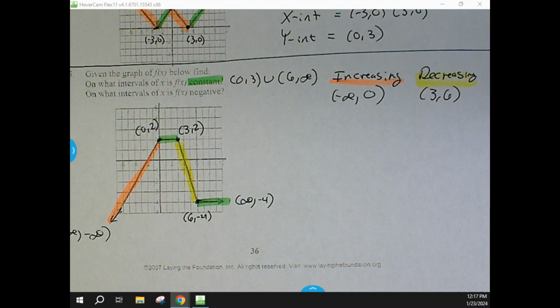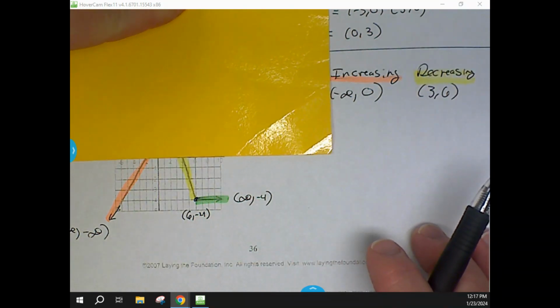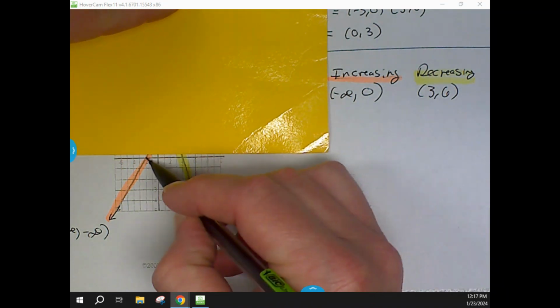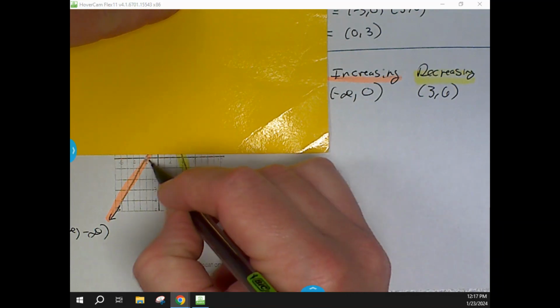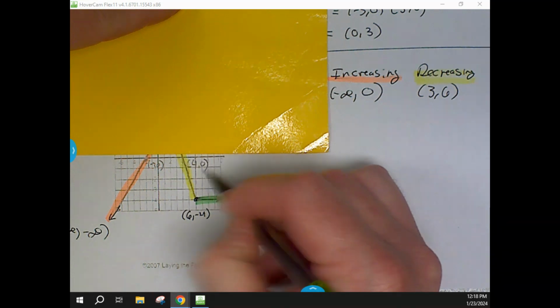All right, the graph asks where it's negative. Well, that's everything down here. It's negative from here to here, and it's negative from here to here. The only thing we don't have is these 2 points right here. If we write that out, that's negative 2, 0. This one is at 4, 0.